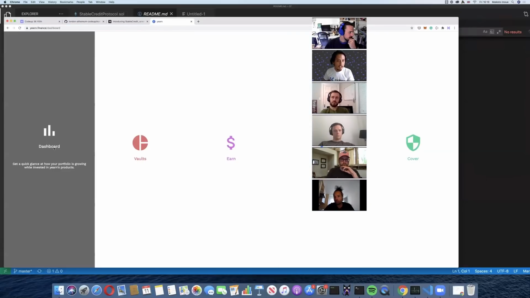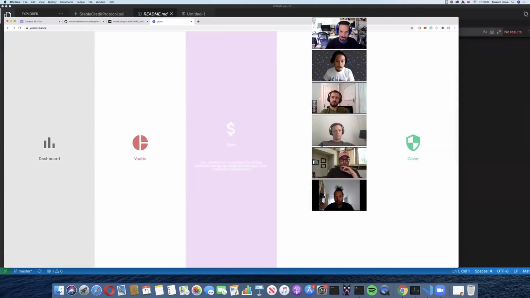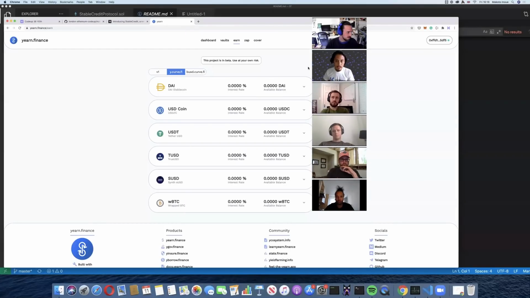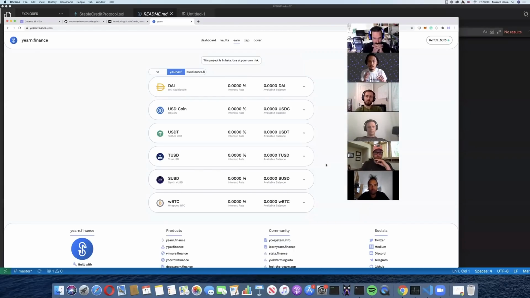So there is something called the dashboard. I never go into the dashboard to be honest, but I think initially it was about Y-arm, a kind of lending switching machine where if you put in DAI, it could switch between Compound and Aave and all that stuff. Makoto, are you on xDAI right now?